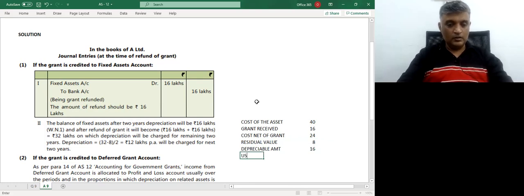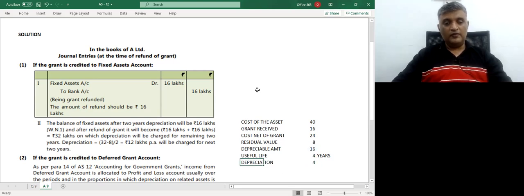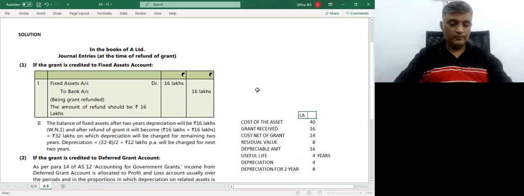What is the useful life? 4 years. So then what is the depreciation? Annual depreciation is going to be 16 by 4, it's going to be 4. So for the first year, it's going to be 4. And for the second year, it's going to be 4. So therefore, the depreciation for 2 years is going to be 8 lakhs. All in lakhs, okay?